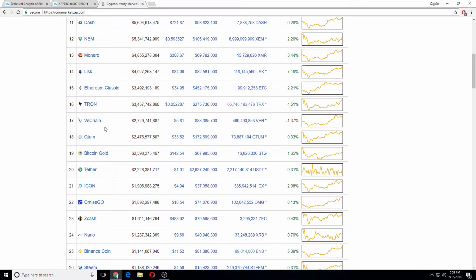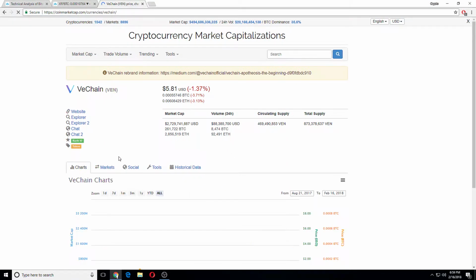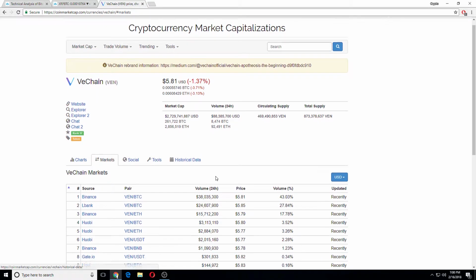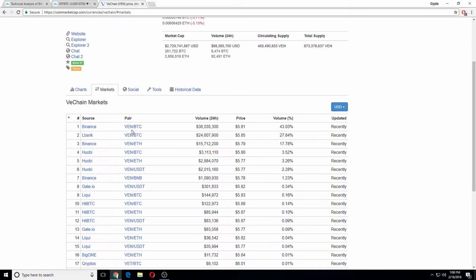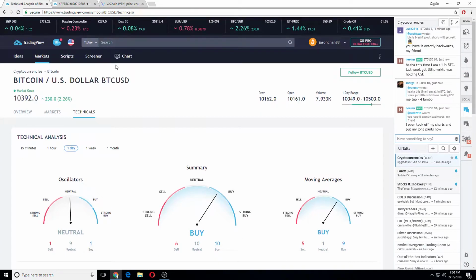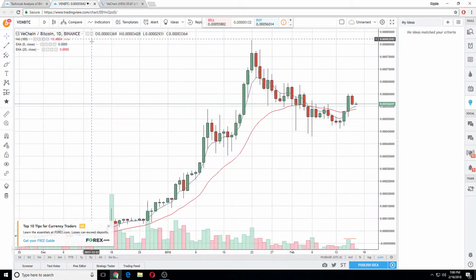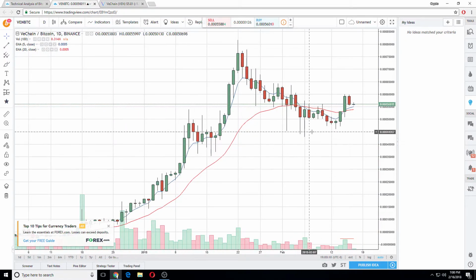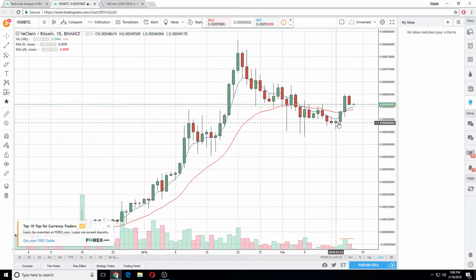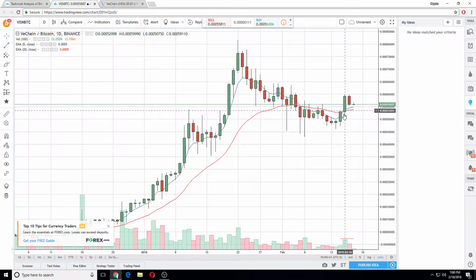We'll do another one, probably VeChain, and see what they're selling of VeChain. VeChain is at Binance, so let's look at VEN versus BTC. See, on the daily it's uptrending because it's 3 green candles, so it's a buy, and it's crossing right here with the EMA, so it's a buy right now.